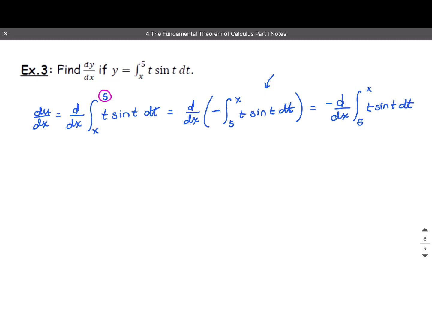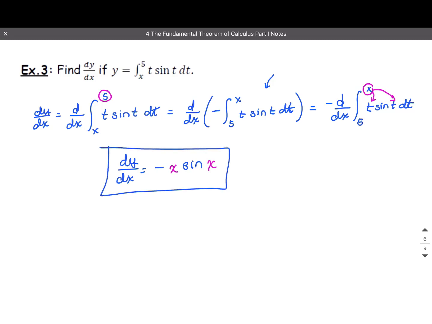Okay, because now we know that dy dx is the negation, and we're going to take this x and plug it into the function t sine t, so x sine x. And that's it. So dy dx is negative x times the sine of x.